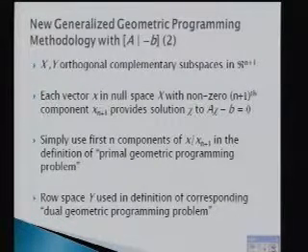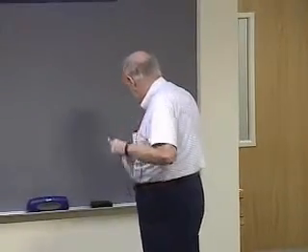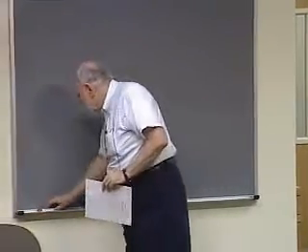Row space y is used in a definition of a corresponding dual geometric programming problem. And let me draw a little picture up here to motivate what comes next, at least what I think comes next. This is a little different from the original version, but this will help explain what's coming.